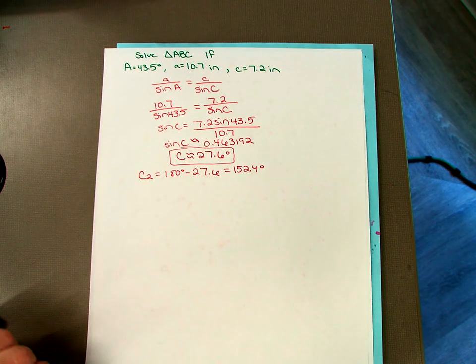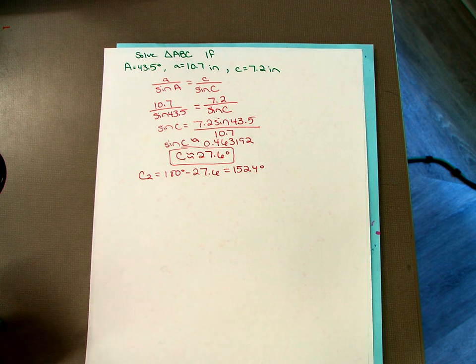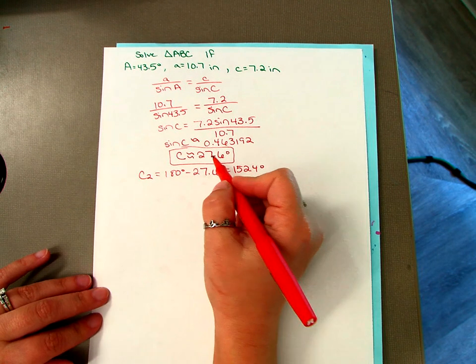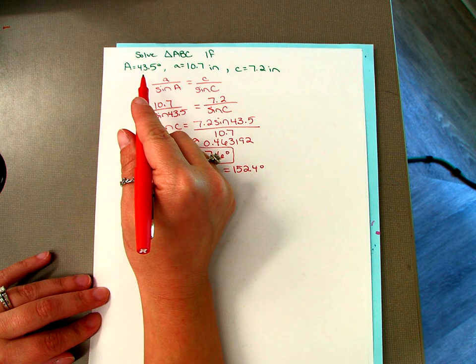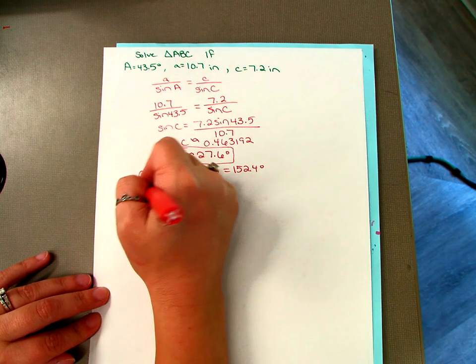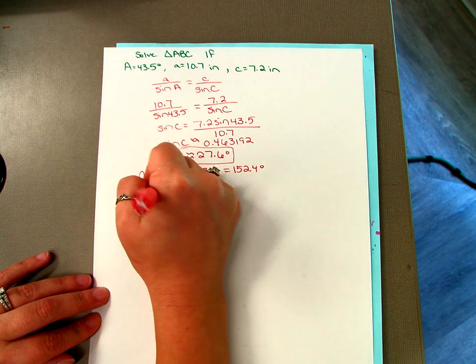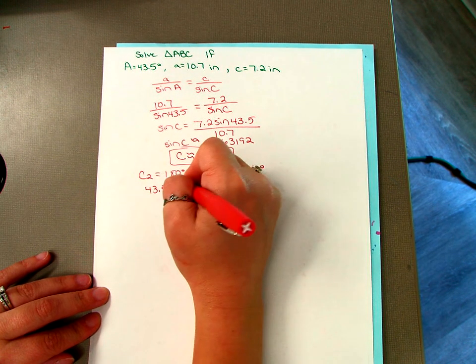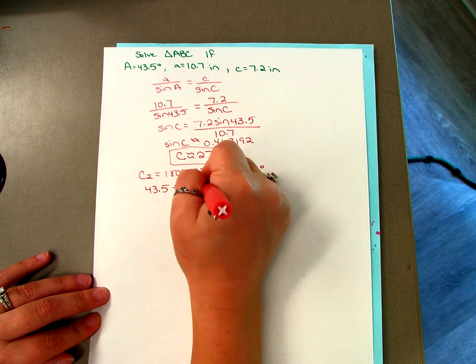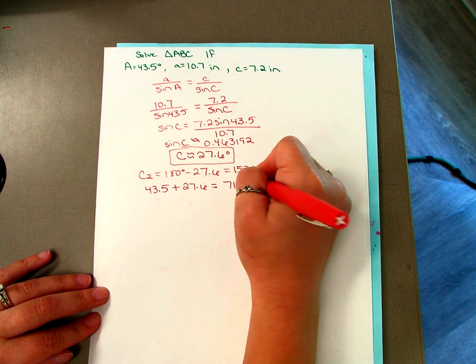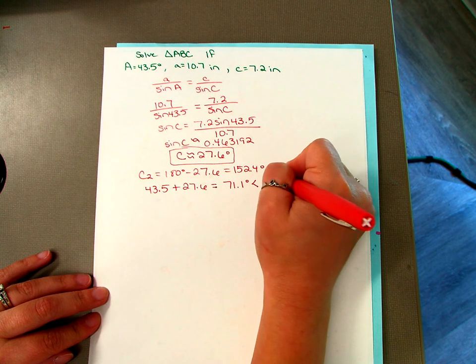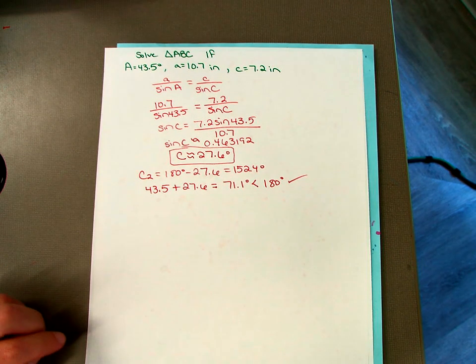Just like on the last problem, I'm going to take C plus A and make sure I stay under 180 degrees. So 43.5, that's my A, plus the first C, which is 27.6, gives me 71.1 degrees. That's way under 180, so that one's going to make a triangle. We have room for angle B.